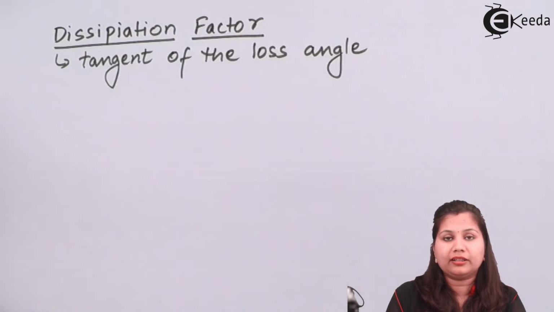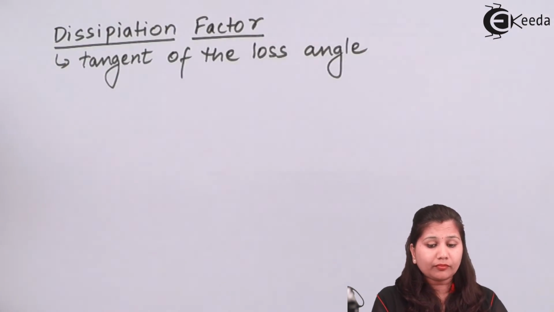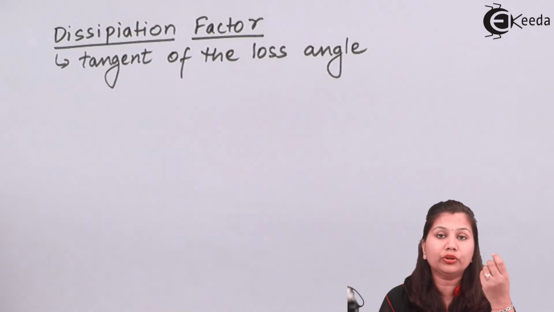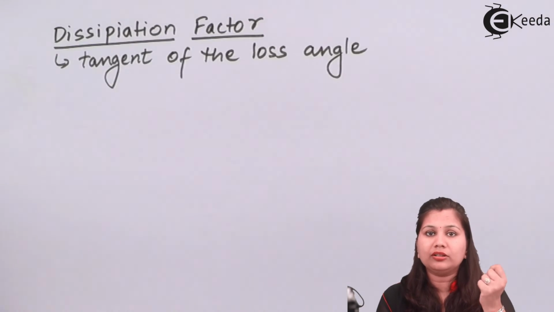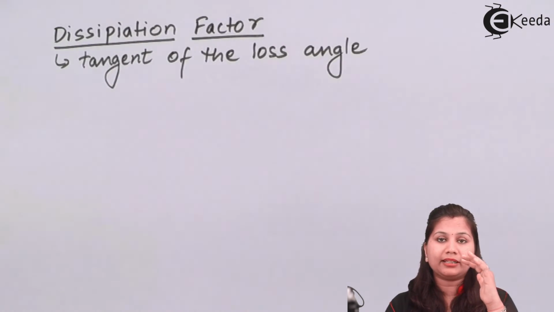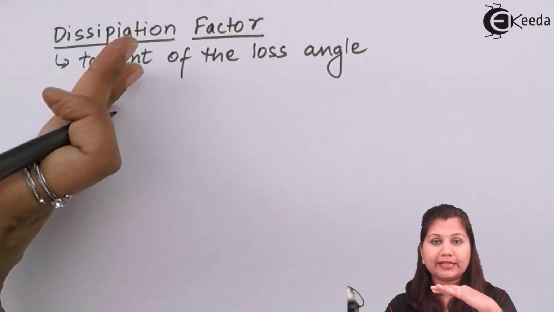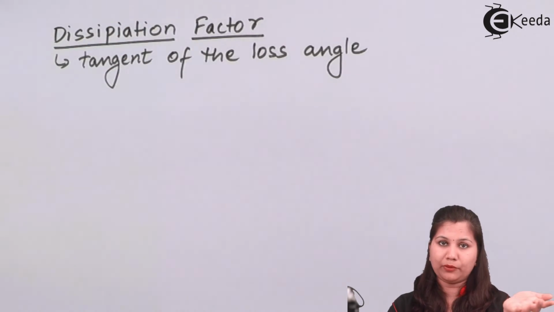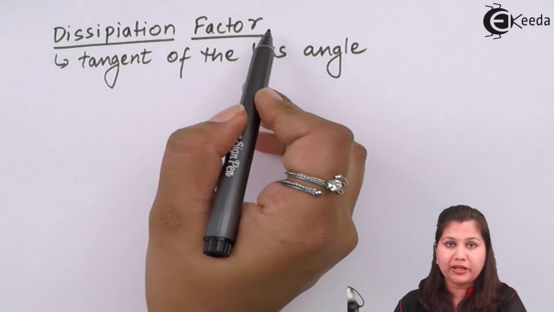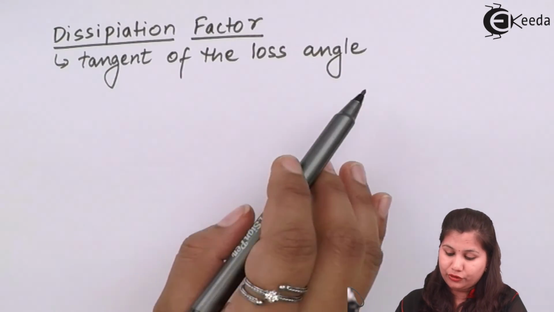And quality factor is the figure of merit which defines the quality or the goodness of the electrical component. So quality factor gives us how much energy is stored in that capacitor, and dissipation factor is just the reciprocal of it.